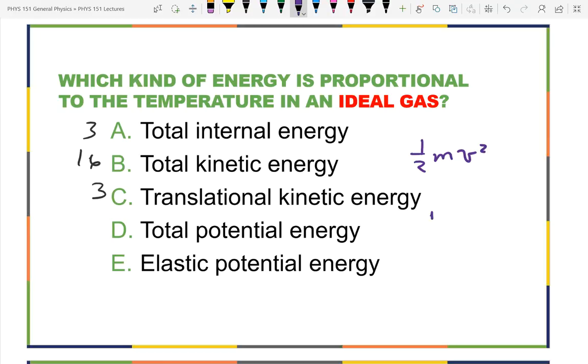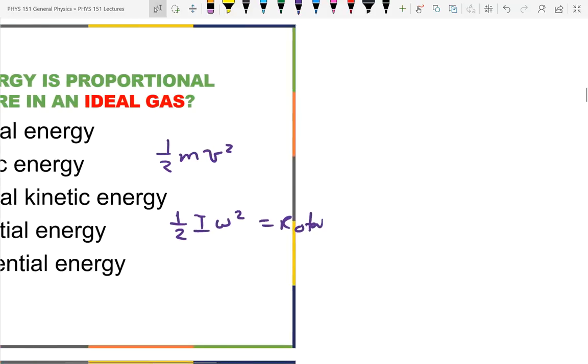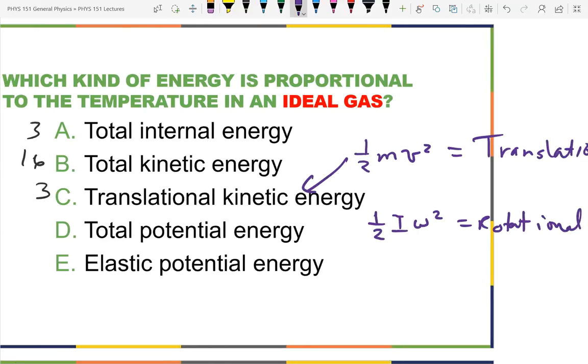And then we learned about 1/2 I omega squared. That's the rotational, which I don't even have listed here. Kinetic energy, and this is the translational kinetic energy. So we use this one. So the correct answer was translational kinetic energy.